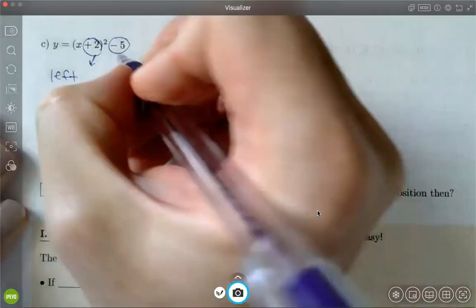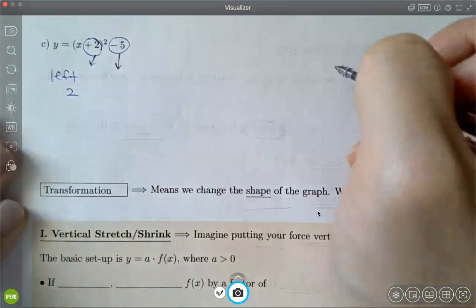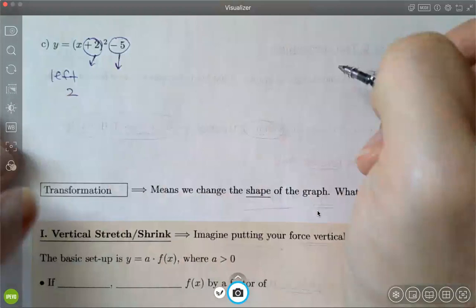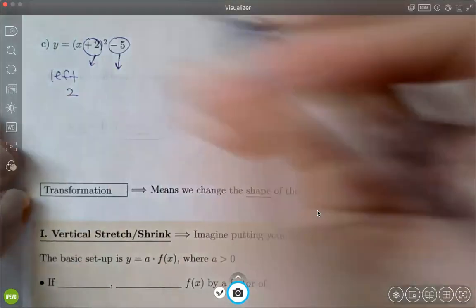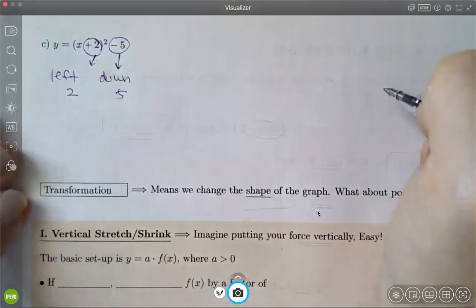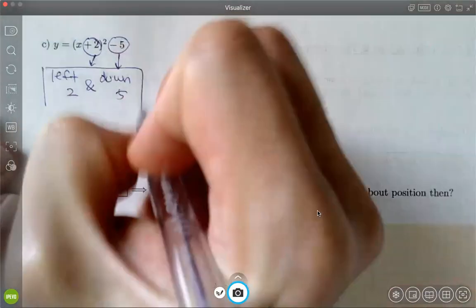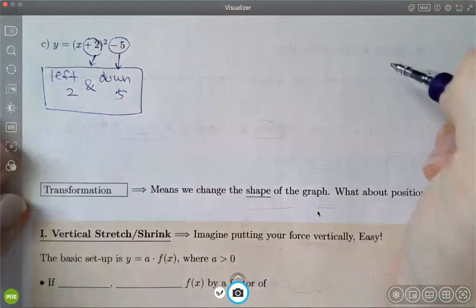And now, what about that minus 5 in the back? Is it right 5 because we are subtracting? No, minus 5 is in the back of something squared. So this one is down 5, right? So what's the answer? It's these two: move x squared left 2 and down 5.